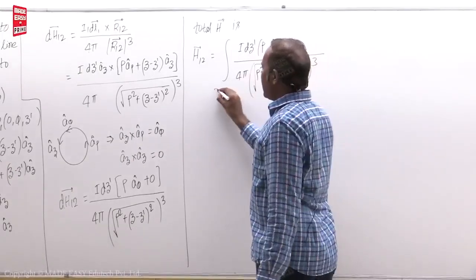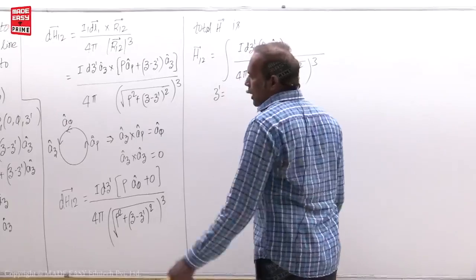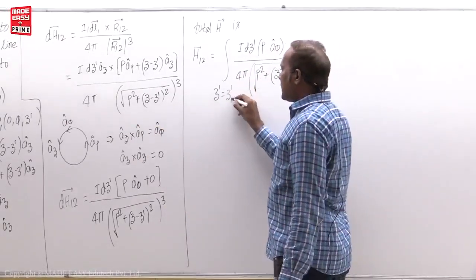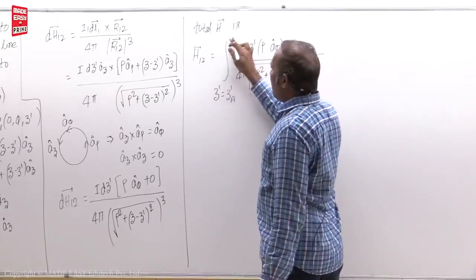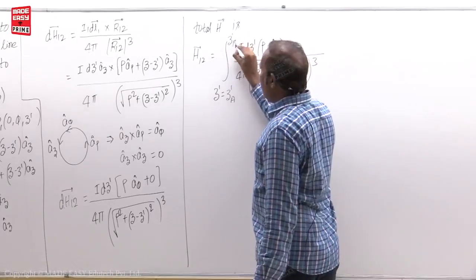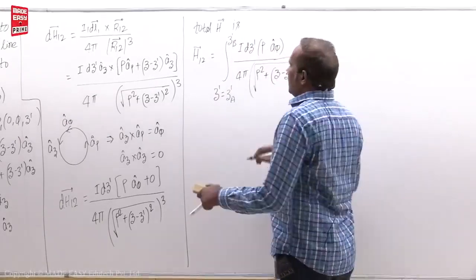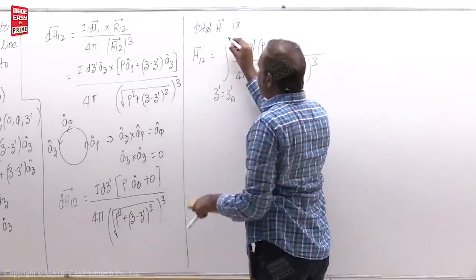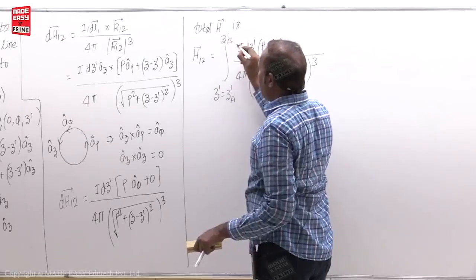So here z dash is the integration variable. For location A, z dash is varying from z dash A, and for the upper point the height is z dash B. So, dear students, the integration is from z dash A to z dash B.